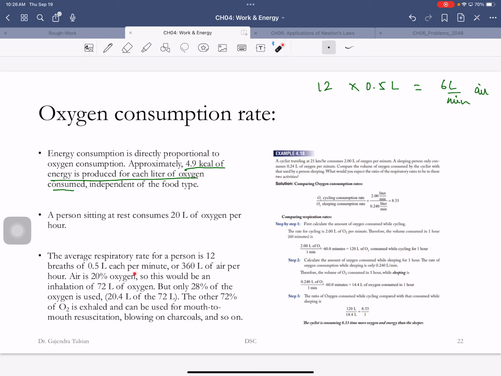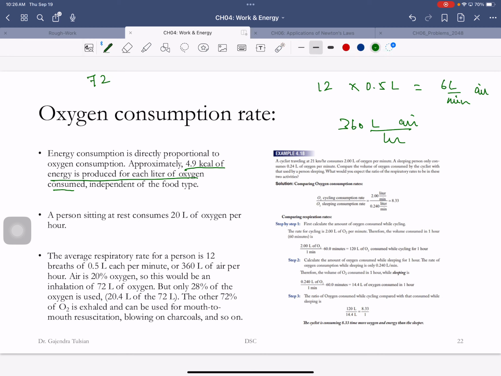In 1 hour, there's 60 minutes, so 60 times 6. So 360 liters of air per hour. But air is not all oxygen. Air is 20% oxygen, so 10% of that is 36, 20% is 72 liters.